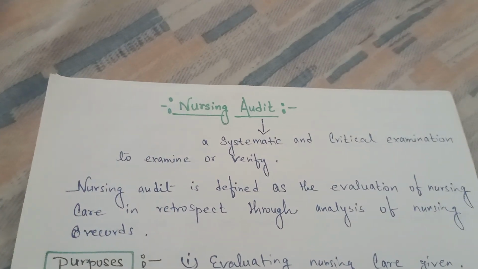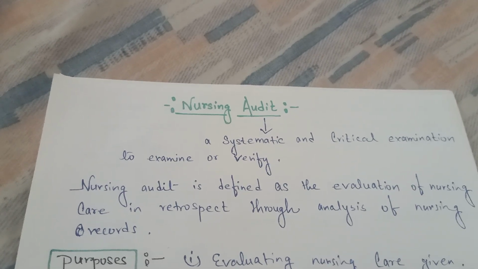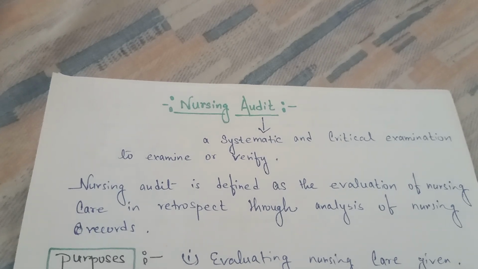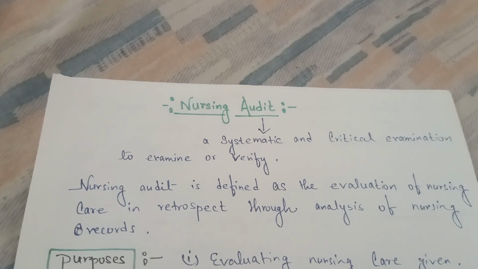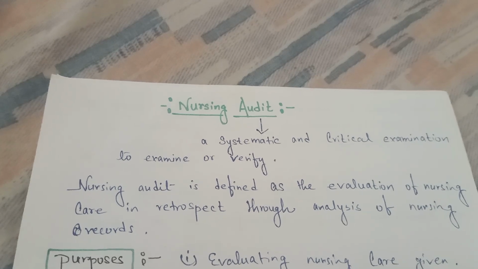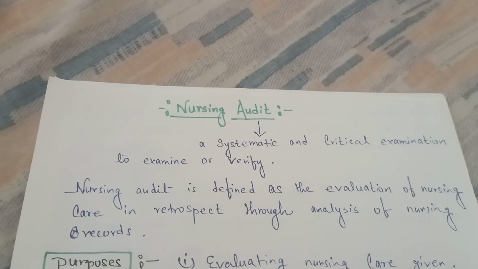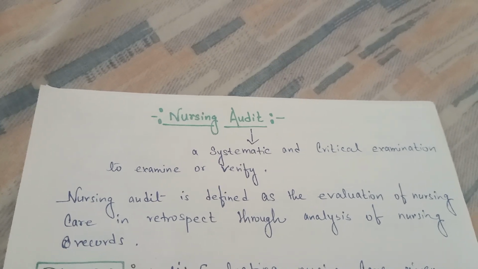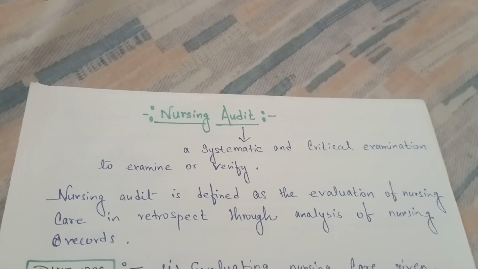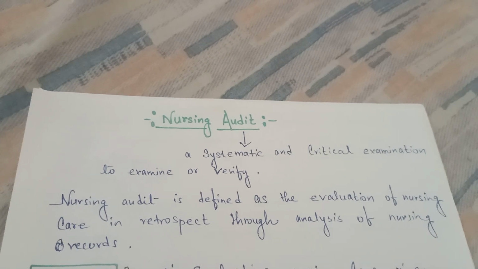So through this review of clinical records made by the healthcare professionals, it helps healthcare institutions ensure that patients consistently receive quality patient care and allows nurse managers to determine healthcare improvement opportunities. So I think it's clear, all of you, what is nursing audit and how it helps among nursing professionals.